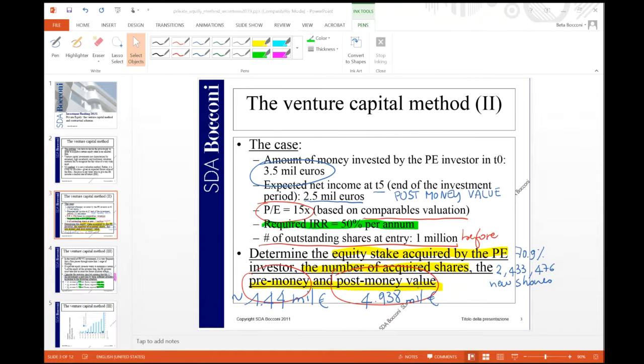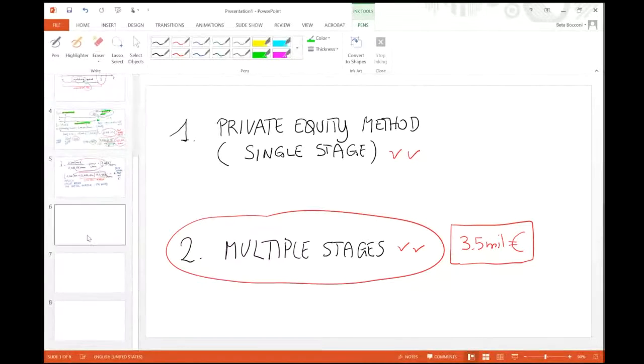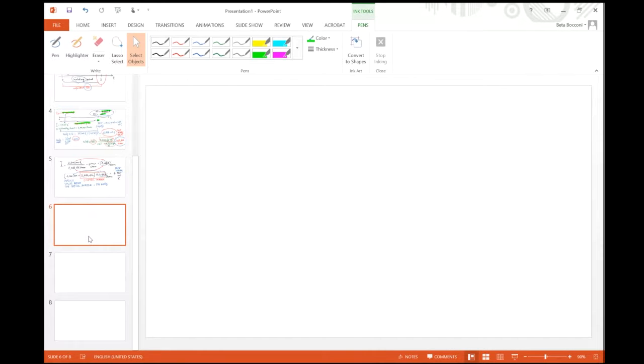In order to do so, we have to elaborate the numbers a little bit, considering intuitively a step-by-step approach. So, let's move on in our discussion with really a step-by-step approach.